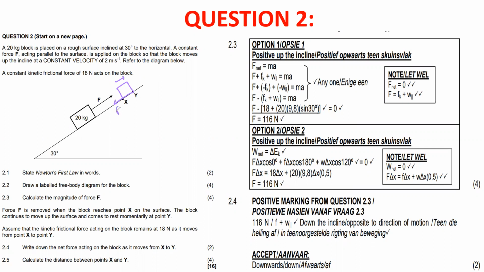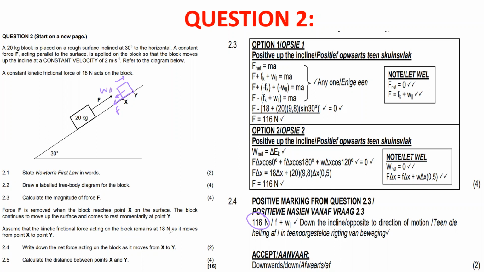You have friction force here, and then you have weight parallel. So you can say 116, still the same force acting, because it just continues to move up and comes to rest at point Y.